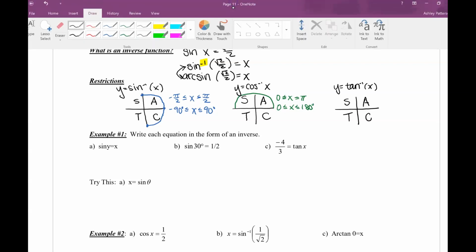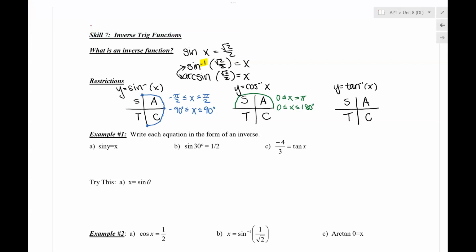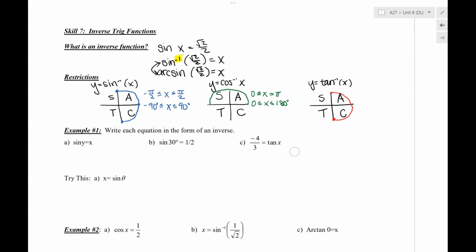But again, going back to the graphically, it'll make more sense as to why it is restricted exactly the same as sine. And for now, we'll put the less than or equal to, but know that tangent happens to be undefined at -90 and at 90. So when we get to graphing, we are not going to have that equal to on the restriction for tangent.